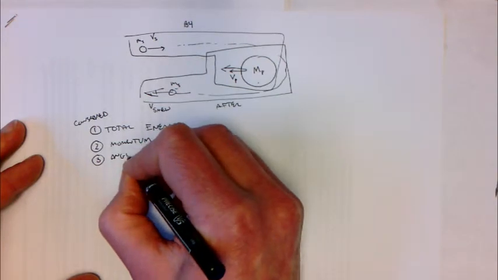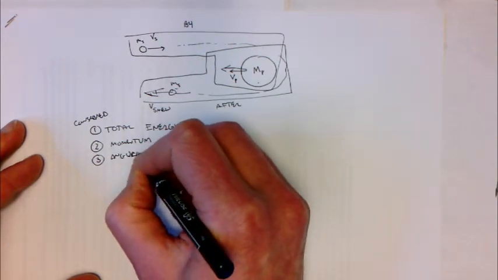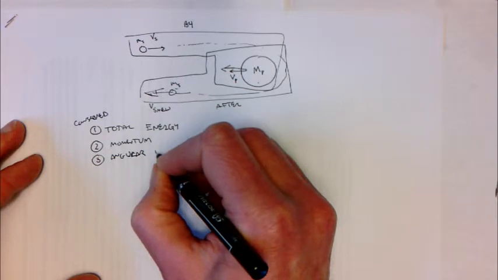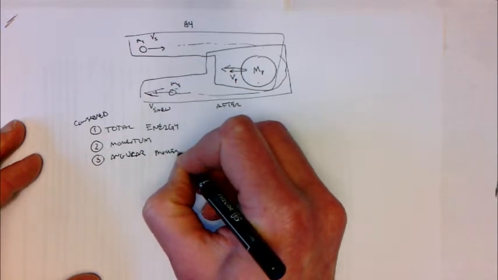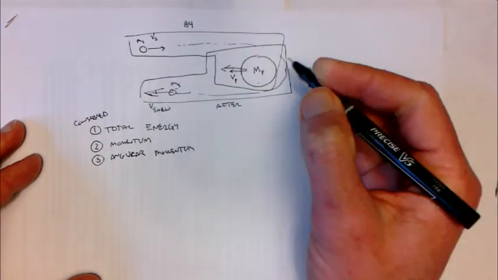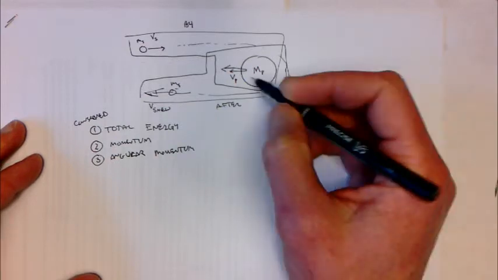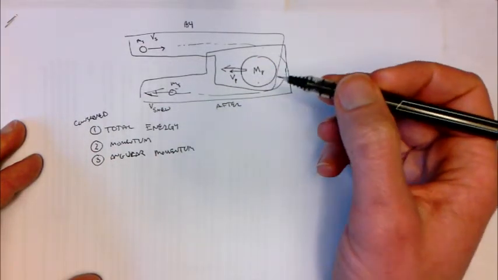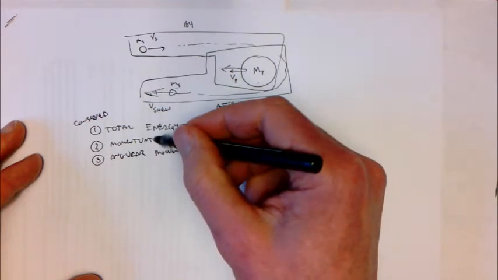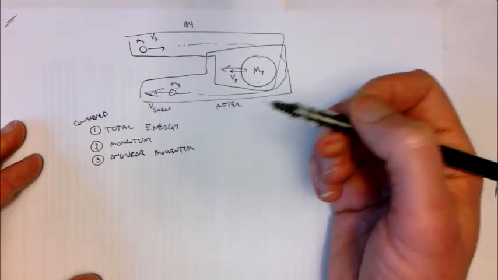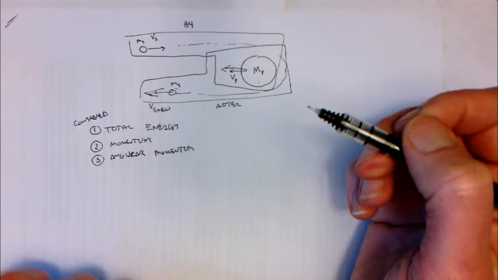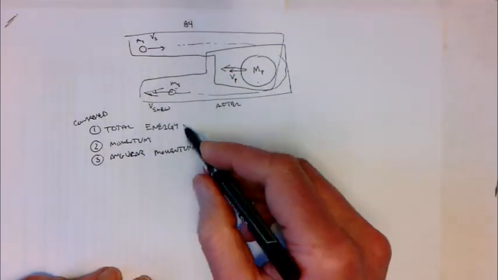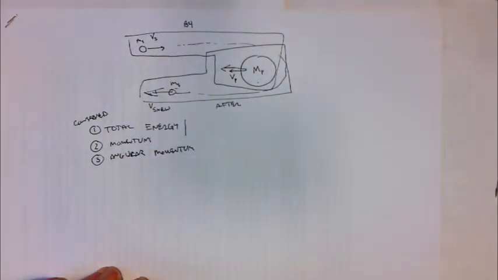But since I'm going to think about both of these things as particles, that's maybe not super useful. When I think about them as particles and don't take into account any rotational effects, the conservation of momentum and angular momentum end up being fairly redundant with each other. So I'm just going to concentrate on energy and momentum.